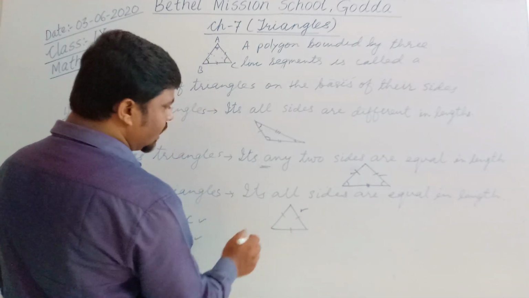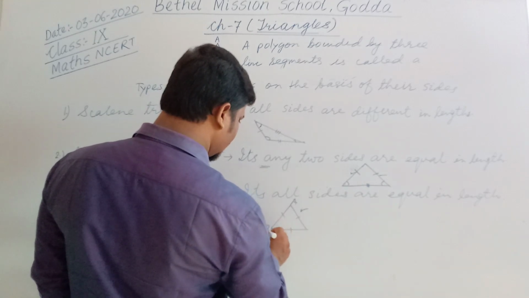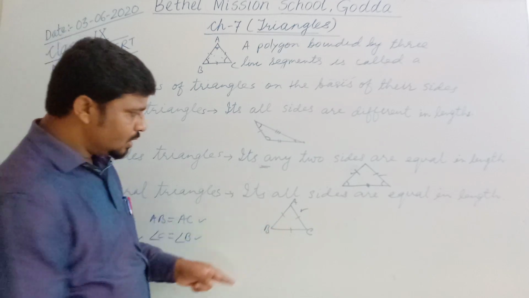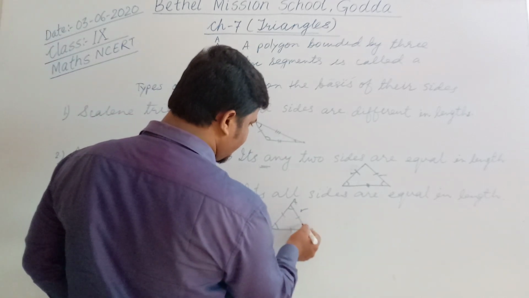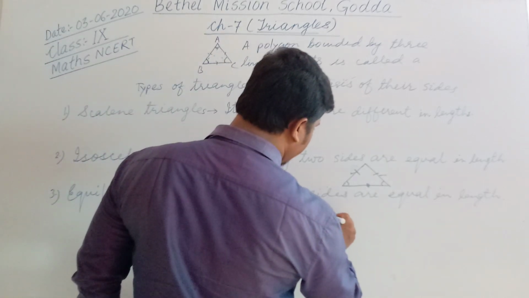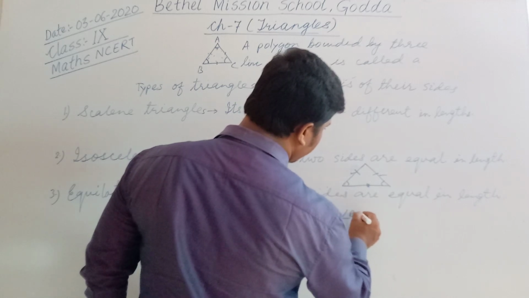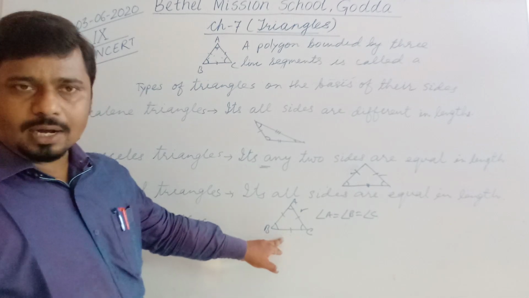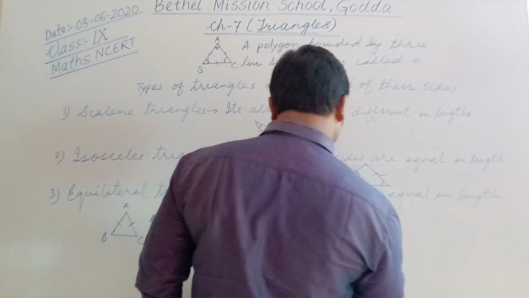In an equilateral triangle, we know that all sides are equal, therefore all their angles will be equal, means angle A will be equal to angle B will be equal to angle C, and each of the angles will be 60 degree.